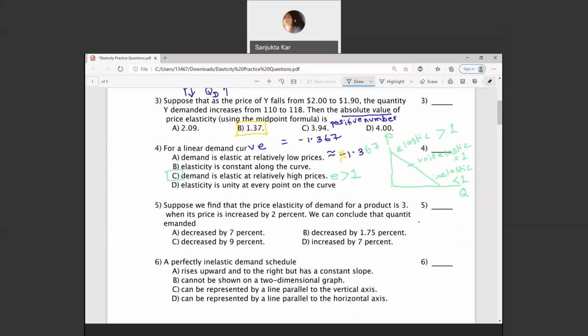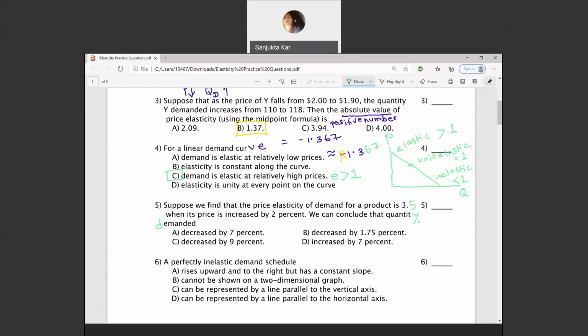Now, question number 5 here. Suppose that we find the elasticity of demand for a product is 3.5, price increases by 2%, we can conclude that the quantity demanded.